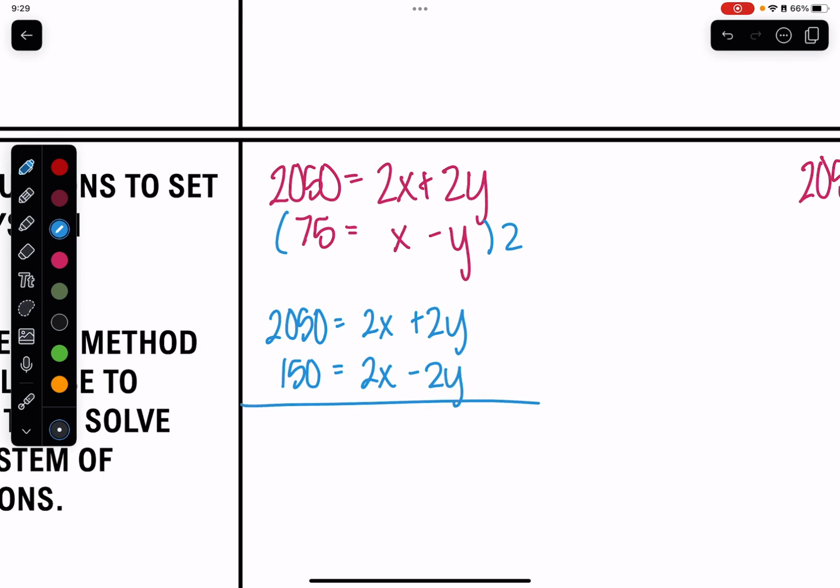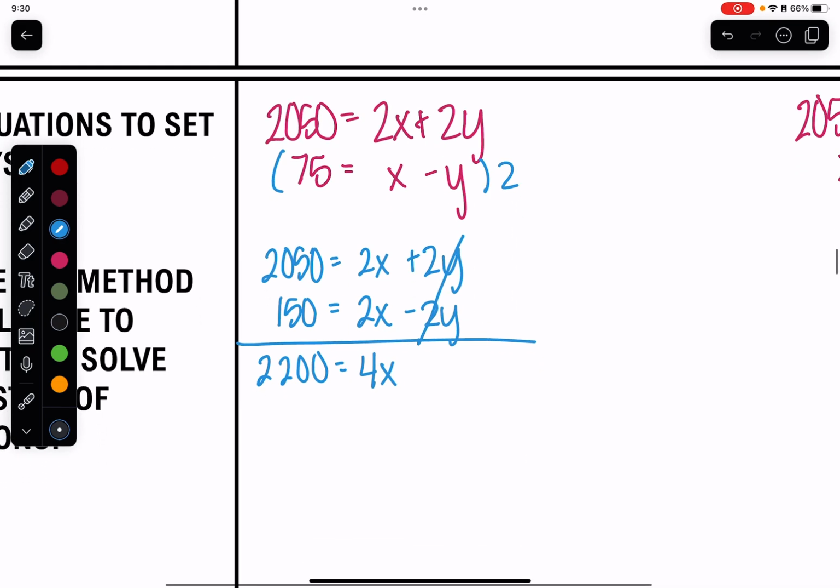When I add down, I get 2200 equals 4x. My y's cancel. When I divide by 4 on both sides, I get x equals 550.